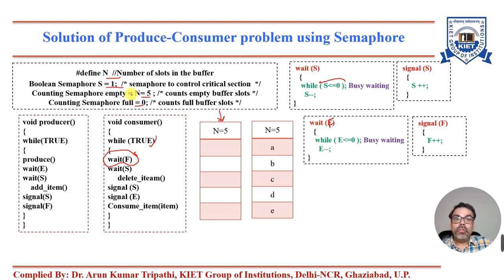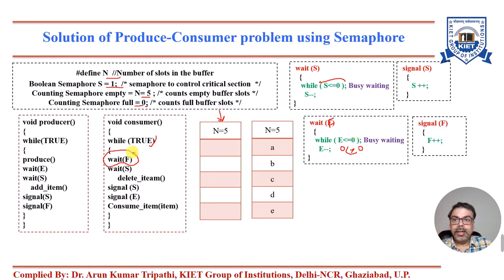Initially, what is the value of F? F has the value 0. So 0 is less than or equal to 0. The condition is true. That means the buffer is empty, so it cannot decrease it. It will be a busy waiting condition; until there is an item in the buffer, the consumer cannot consume.